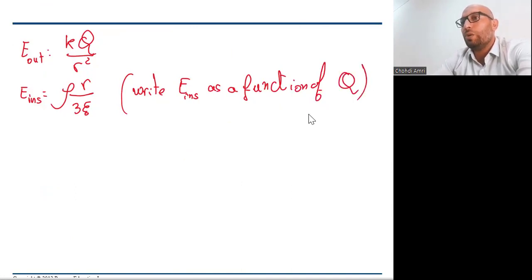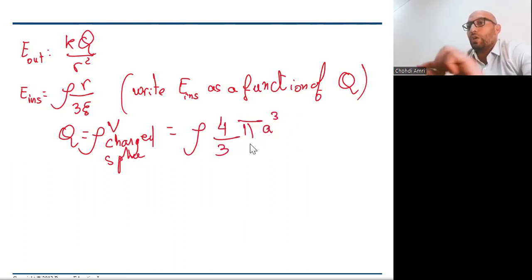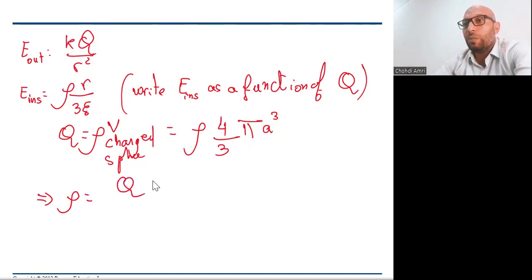Of the total charge Q. We know that Q equals rho multiplied by the volume of the charged sphere, so it will be rho multiplied by 4 over 3 pi a power 3, a cube, not r cube. We are talking about the volume of the charged sphere. So that means our charge density rho equals Q multiplied by 3 divided by 4 pi a power 3.